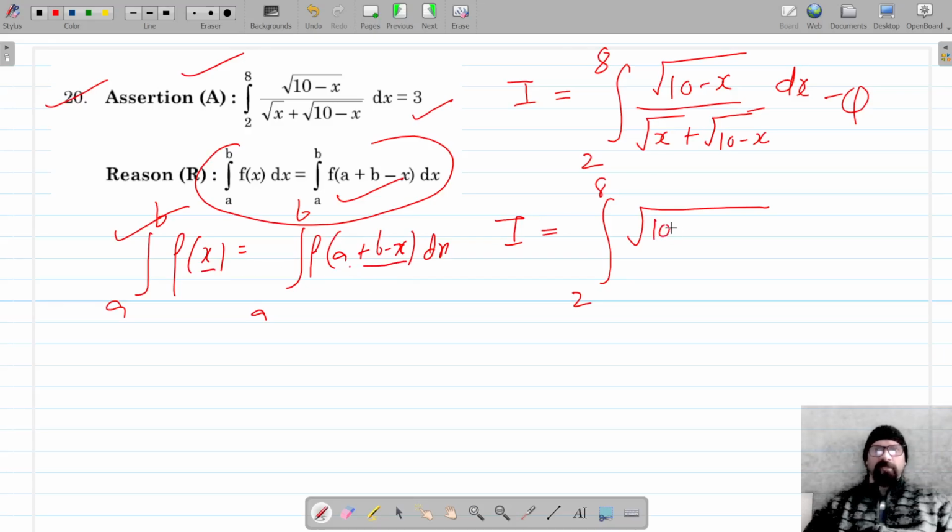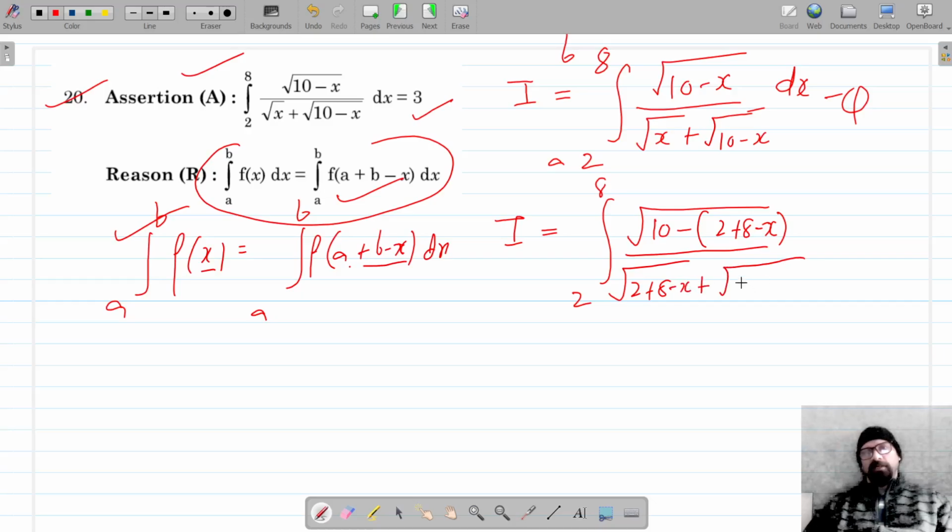So 10 will remain as it is, and now this is a and this is b. So 2 plus 8 minus x, and under root, this is again 2 plus 8 minus x, plus under root 10 minus 2 plus 8 minus x into dx.